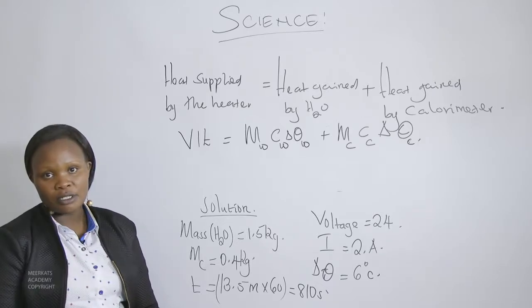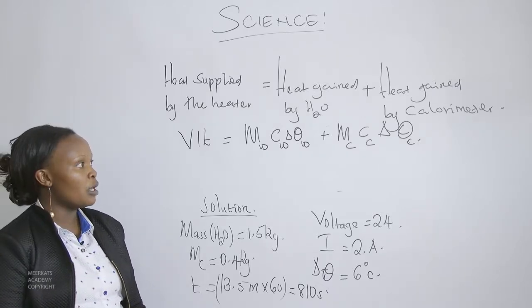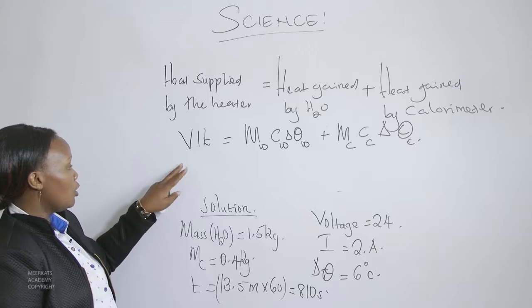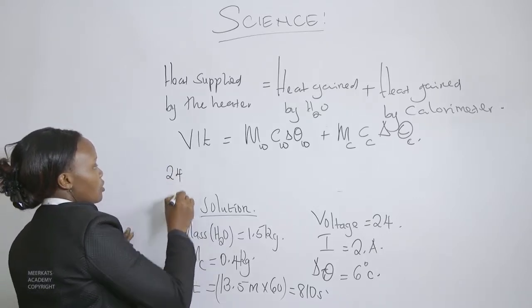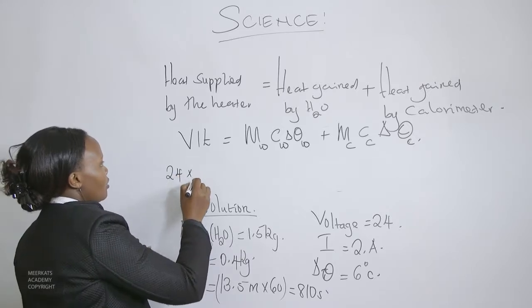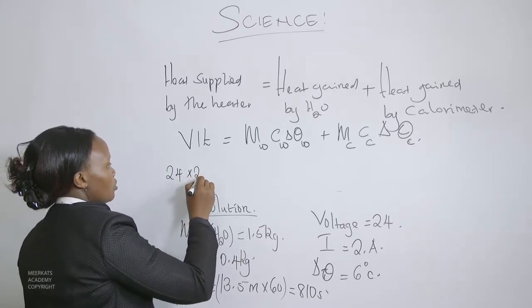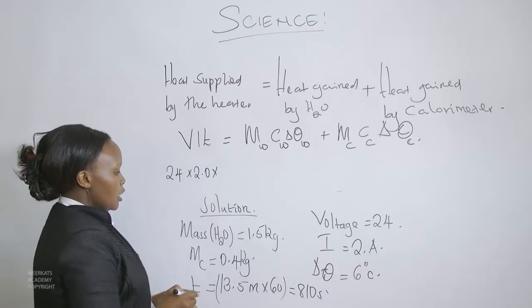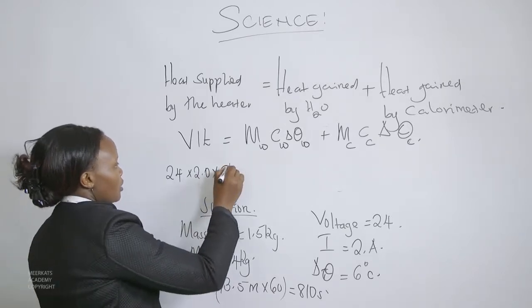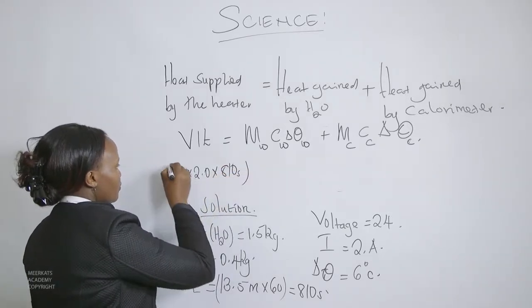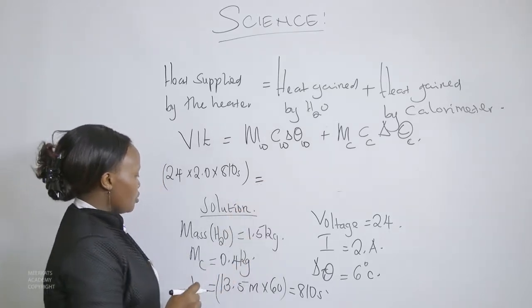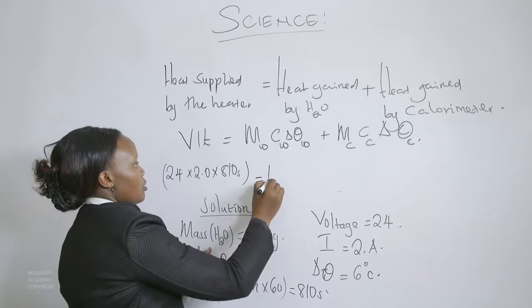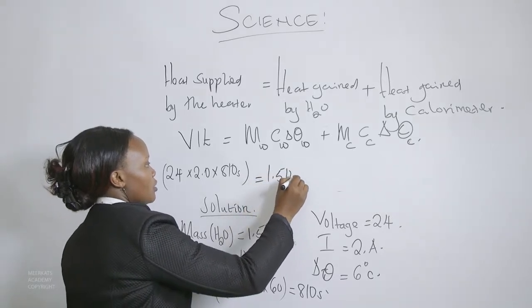Now, let us substitute what we have into our equation. On my left-hand side, I have voltage as 24, current as 2.0, time as 810 seconds. This will be equal to the mass of water, which is 1.5 kgs.